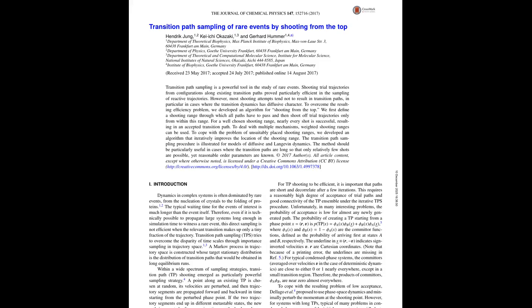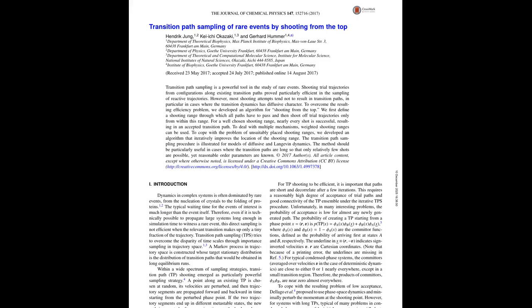The authors emphasize the critical role of selecting an appropriate shooting range, noting that misplaced ranges degrade sampling efficiency. To overcome this, they introduce an adaptive algorithm that iteratively adjusts and optimizes the shooting range location, markedly improving acceptance rates while preserving detailed balance.